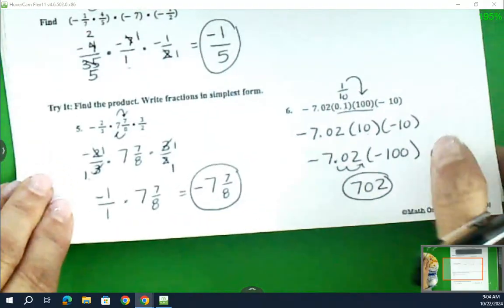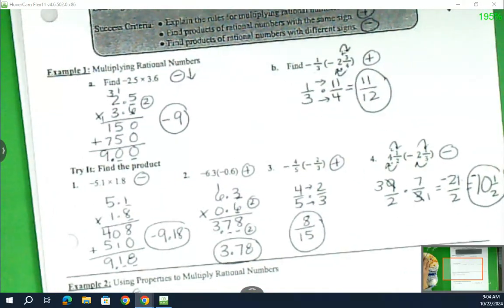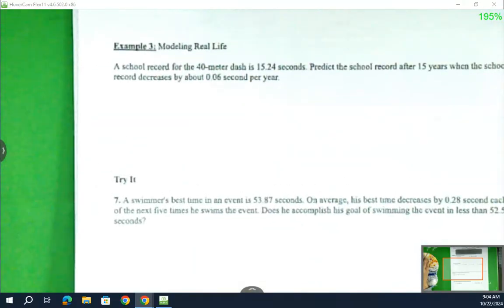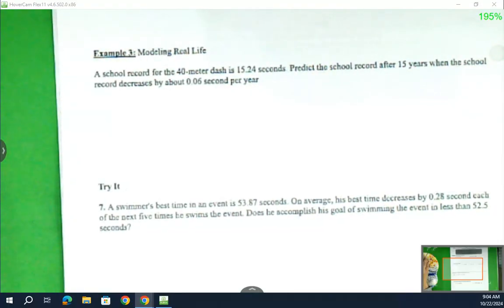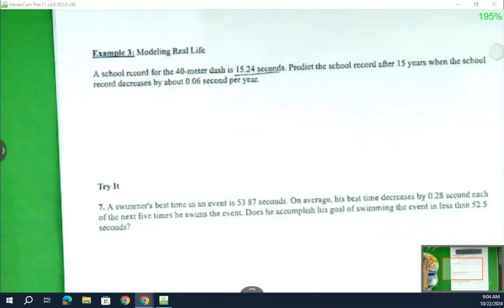Okay, let's turn it over to the other side where we have a couple word problems using rational numbers. Example number 3, modeling real life. We have a school record for the 40-meter dash of 15.24 seconds.